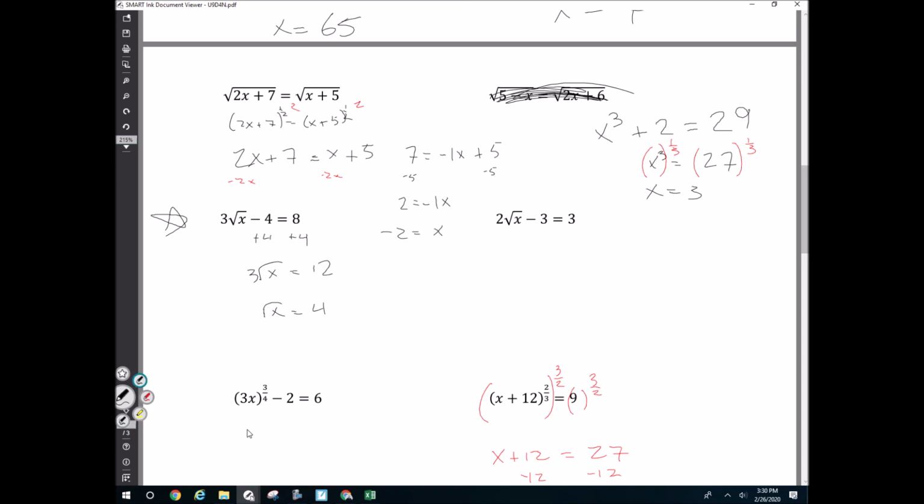How do you get rid of the square root? How do you get rid of that 1/2 power? To get rid of the square root, you square both sides. x equals 16.